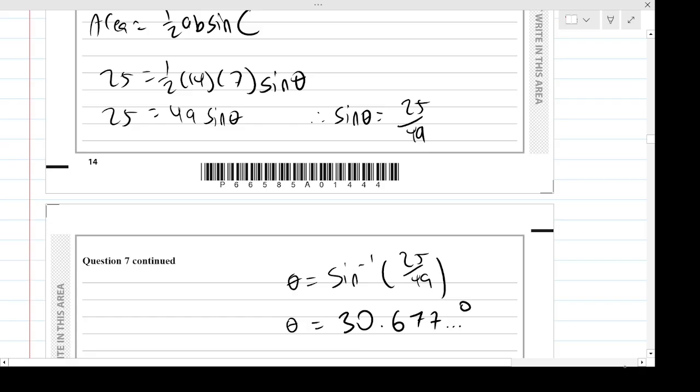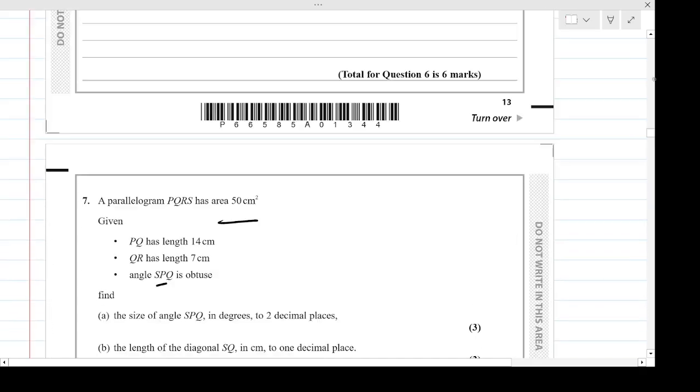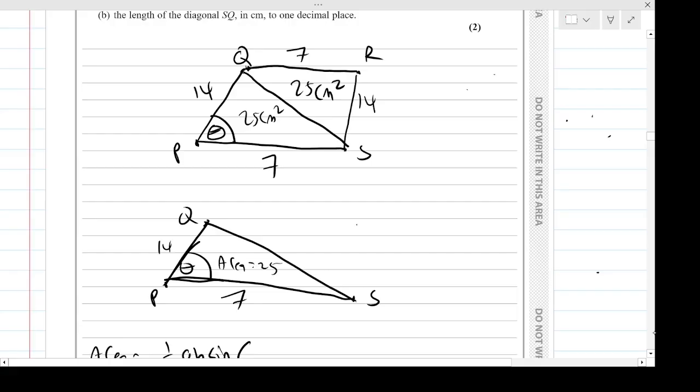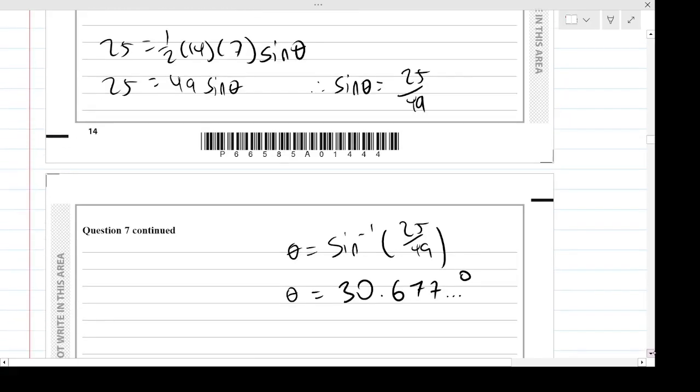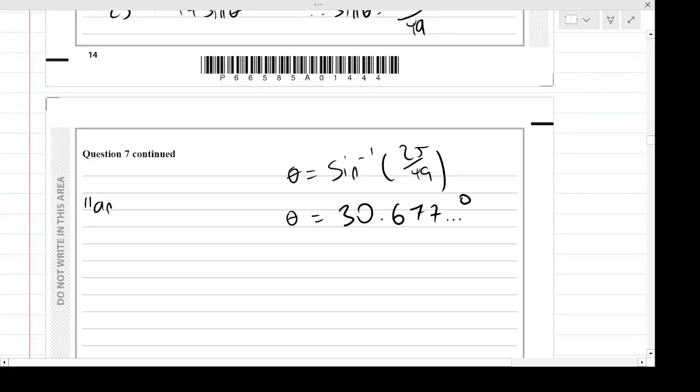That's my angle, except it isn't, because hang on, it said it's obtuse. Obtuse means it has to be between 90 and 180. We've got 30 degrees. That's acute. How on earth do we get obtuse? You need to remember the ambiguous case.